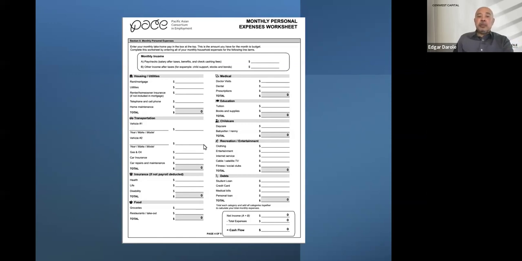And you total all of that and subtract that from your net income, and it will give the underwriter your net cash flow. This amount will be transferred into their debt calculation worksheet to determine your ability to repay.